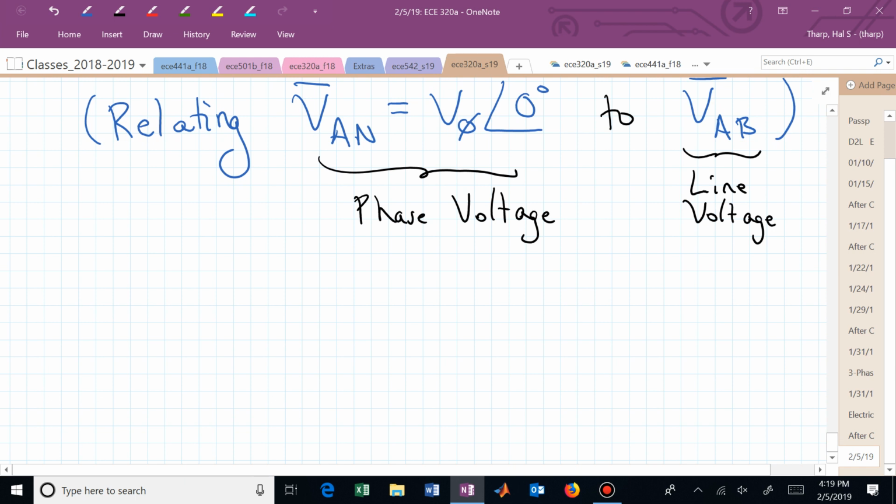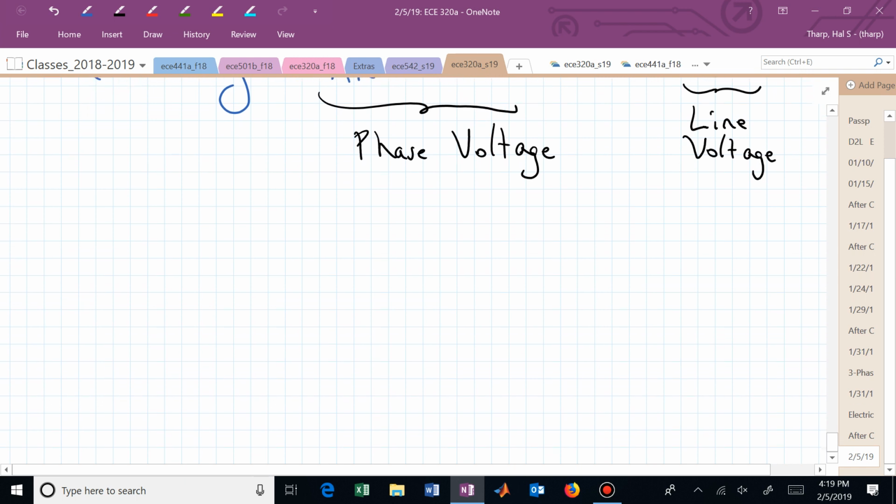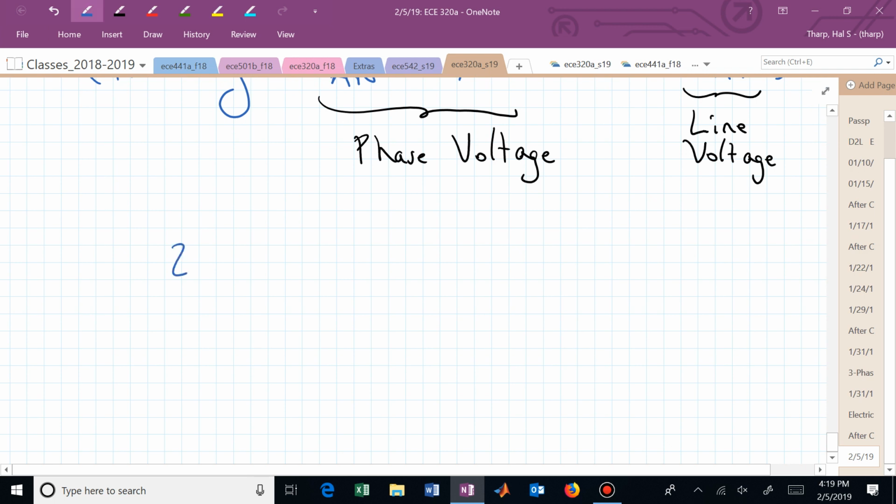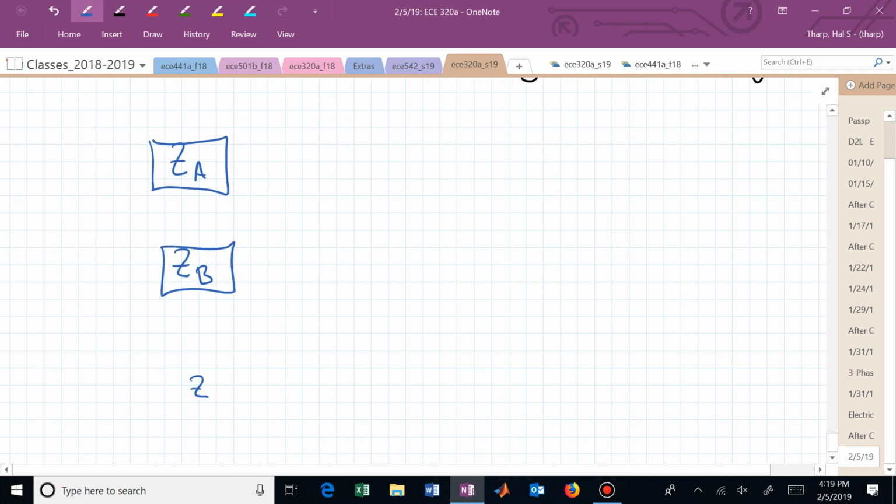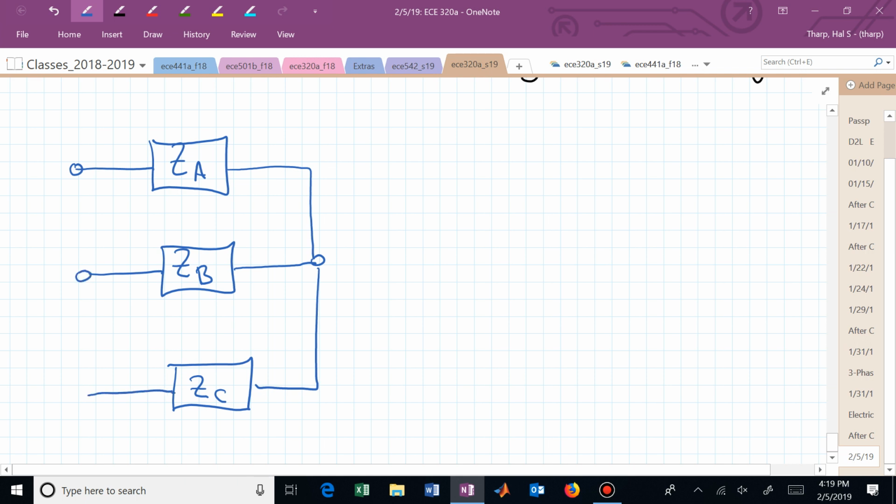So we're relating V sub A, the phase voltage, to the line voltage, which means we have Z sub A, Z sub B, and Z sub C, and that was a capital C. There's V sub AB.